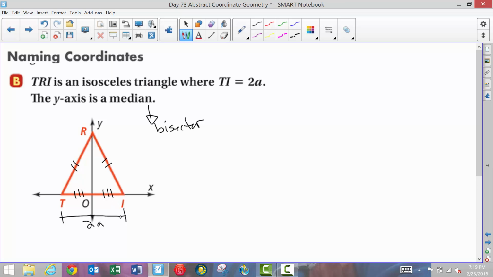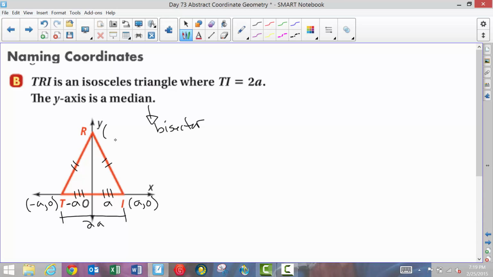So if the whole thing from T to I is 2a, I know this is a and this is a. But since T to O is in the negative direction, I know that's negative a. So I can apply my coordinate geometry rules that the I location is a, 0. The T is negative a, comma 0.